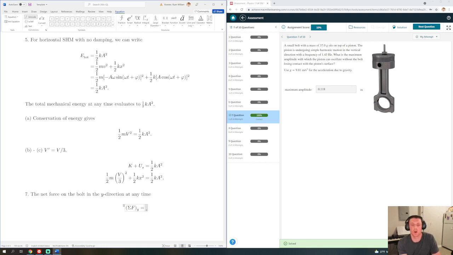I'm not going to draw the free body diagram because it's tough when I'm on the computer, but we would just have the normal force pointing up on the bolt and the gravitational force pointing down, right? So it would look something like this. And from Newton's second law, we can set this equal to ma, the y acceleration. But I'm going to be a little more suggestive here, and I'm going to write this as y double dot.